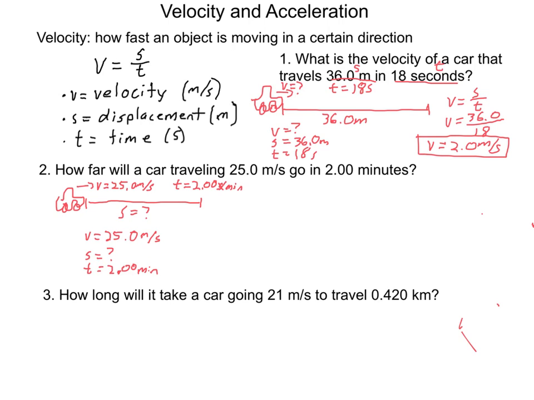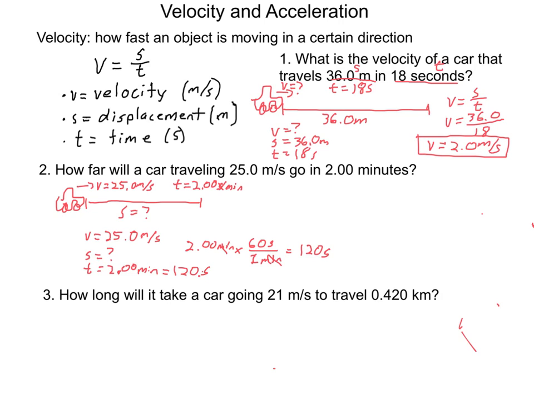That's not the base unit. Base unit for time is seconds. Plus, check it out, minutes, meters per second. It does not match. I need to convert my time back to seconds. So doing my quick conversion that we learned in the last unit, I find, and you already knew, that this is going to be 120 seconds for my time.